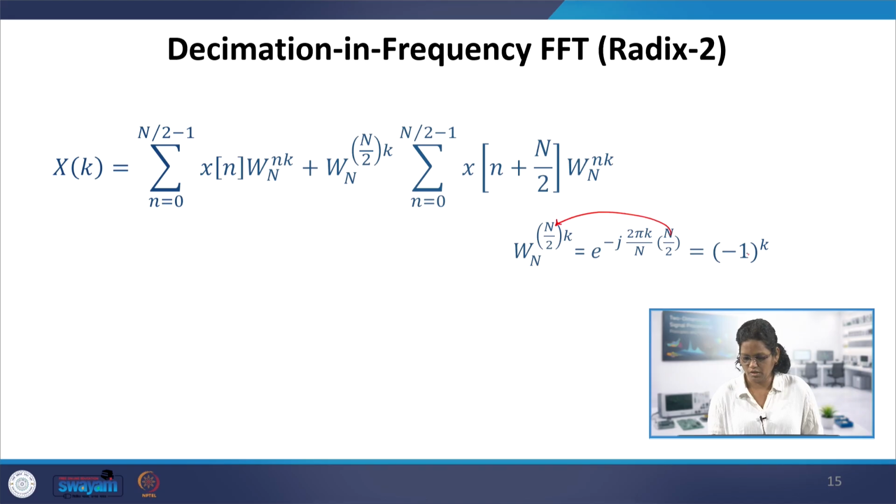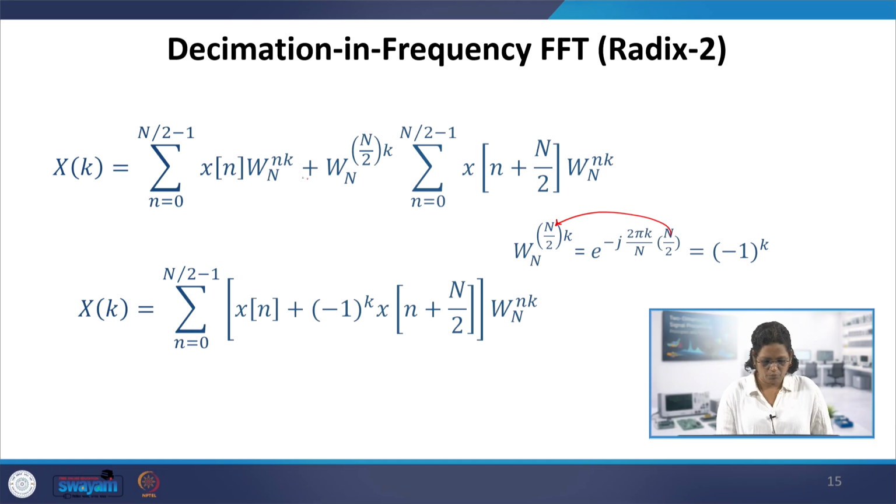Here this gets cancelled and we have e power minus j pi k, which is minus 1 power k. So we can simplify this with wnk common, and the samples x of n and x of n plus n by 2, but this term is simplified to minus 1 power k. So this is the simplified equation of x of k, the DFT equation.